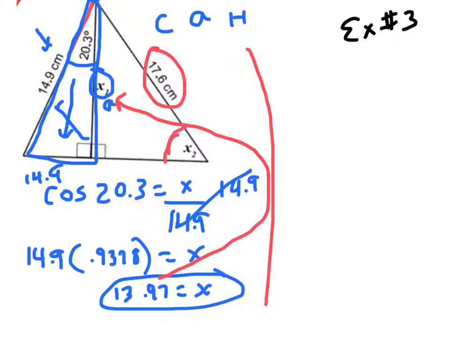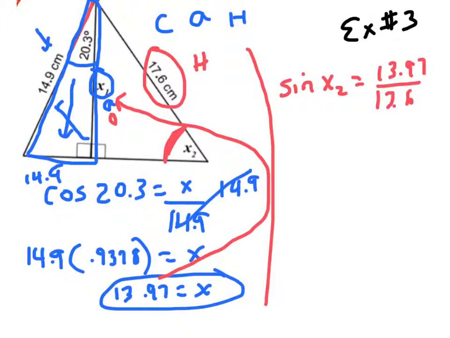So how do I set up the second part? It would be the hypotenuse side, the opposite side. Now it's opposite this angle, so it kind of changes depending on your triangle. So that would be sine. Sine of the angle, x with a little 2, equals opposite, which is 13.97, divided by hypotenuse, which is 17.6.